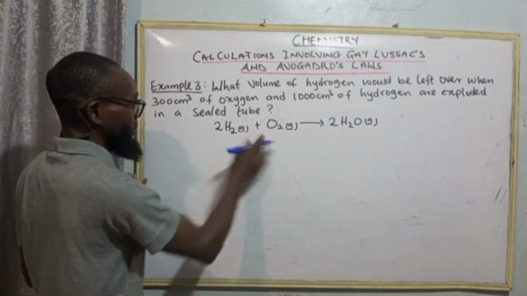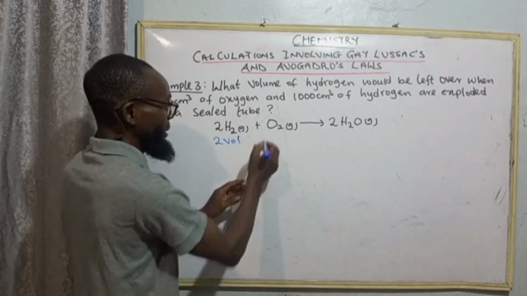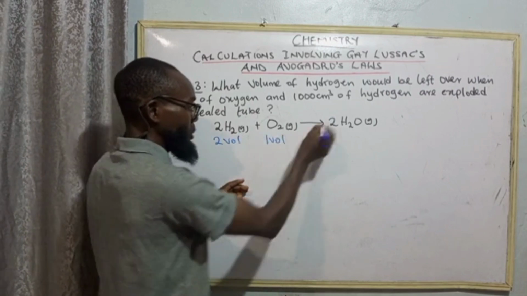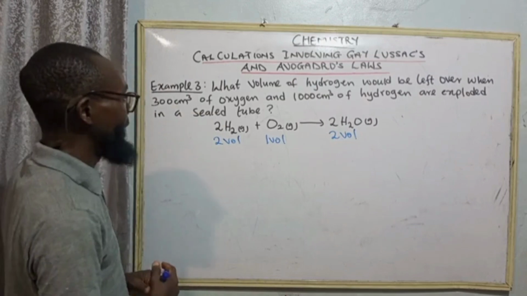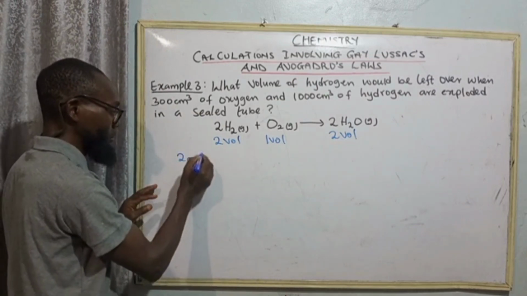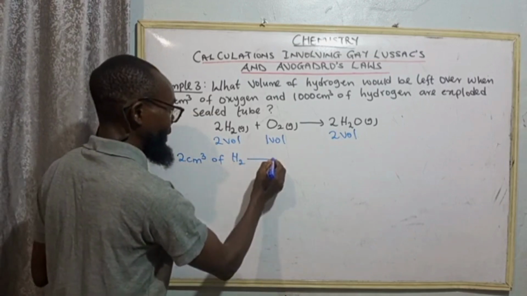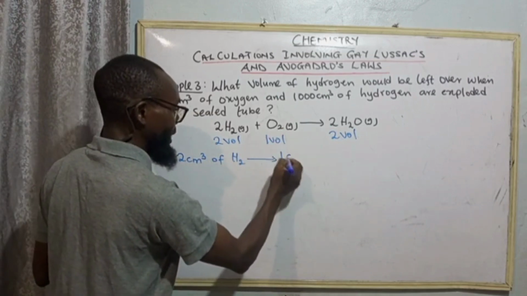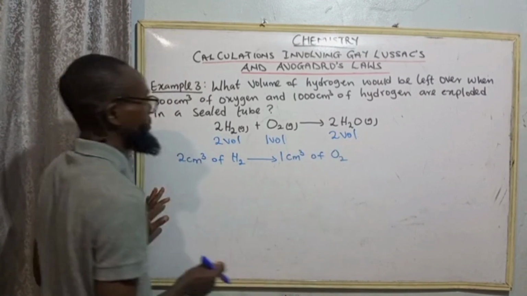From this, 2 volumes of hydrogen combine with 1 volume of oxygen to give 2 volumes of water. From here, 2 cm³ of hydrogen gas reacts with 1 cm³ of oxygen gas.